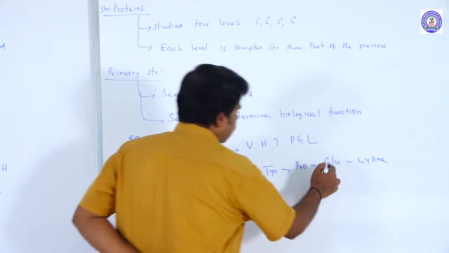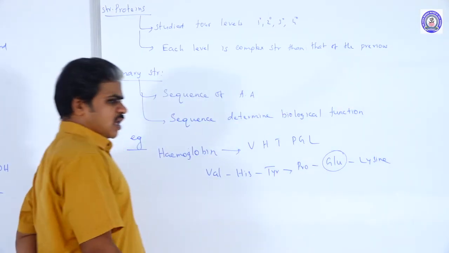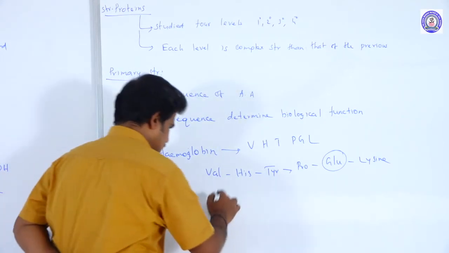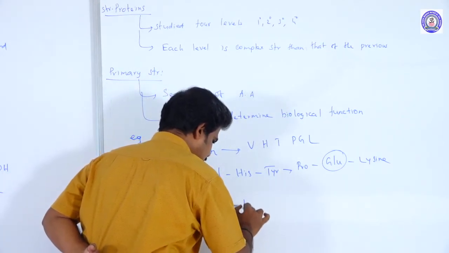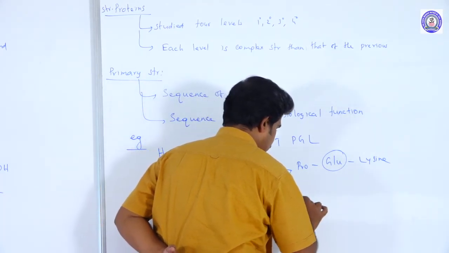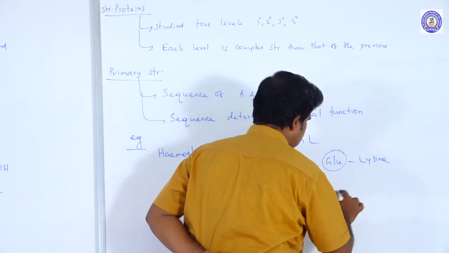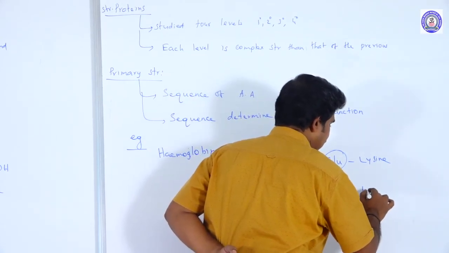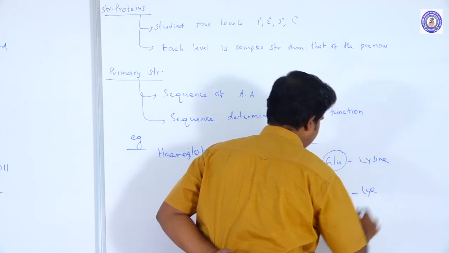And if in one position, instead of glutamic acid, there is a valine, suppose here it is valine, histidine, leucine, threonine, proline, and instead of glutamic acid, here there is a valine, and lysine.